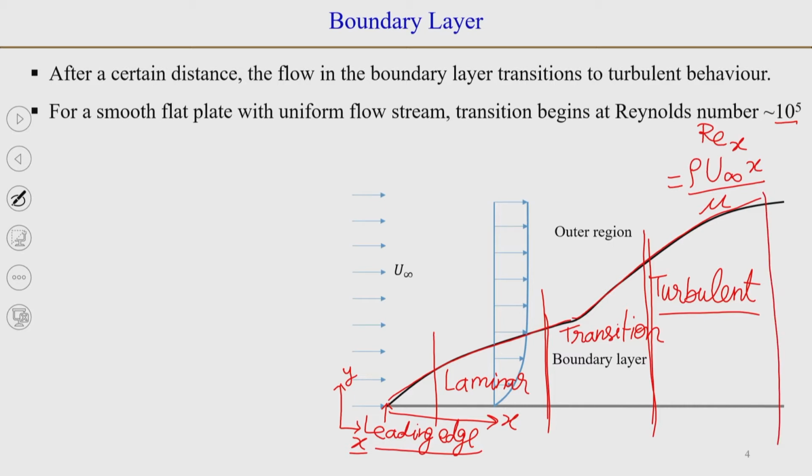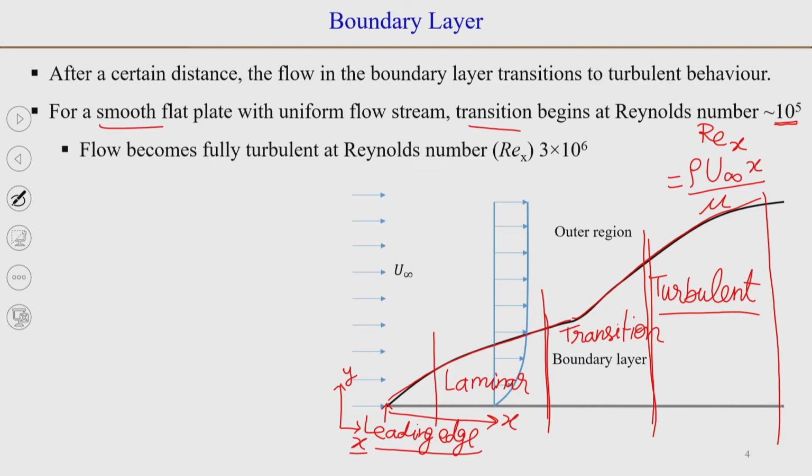So, the experiments have shown that if the flow is smooth over a flat plate, then the flow remains laminar until the Reynolds number is 10 raised to the power 5, and then at higher values it starts transitioning to turbulence.